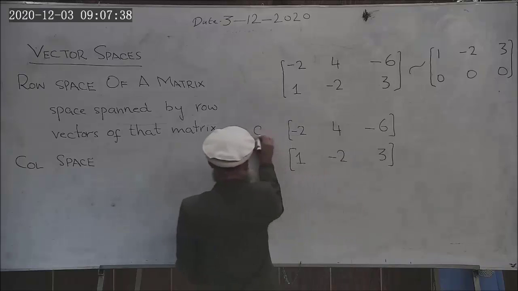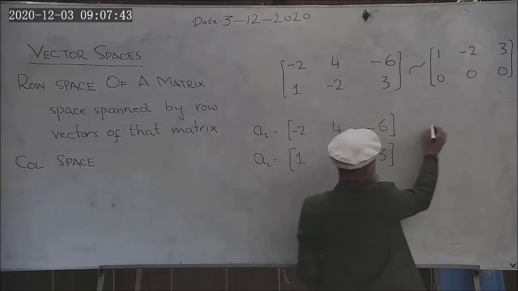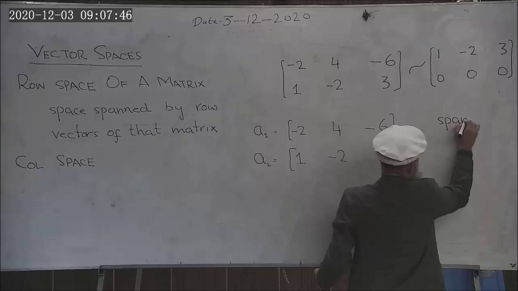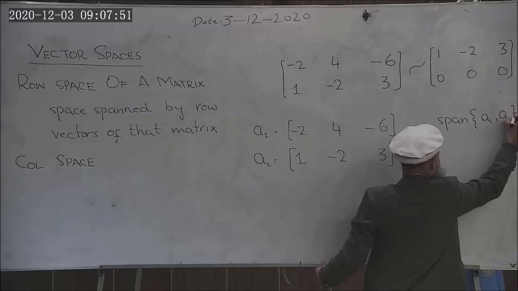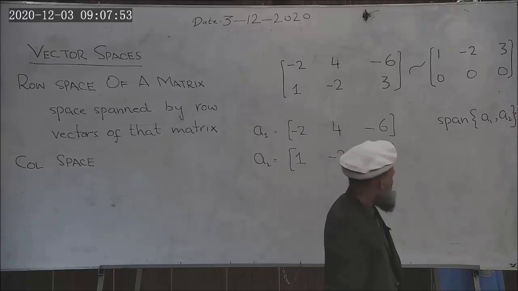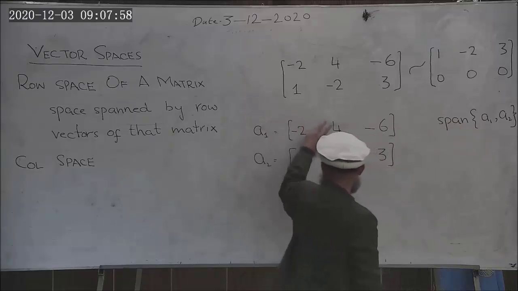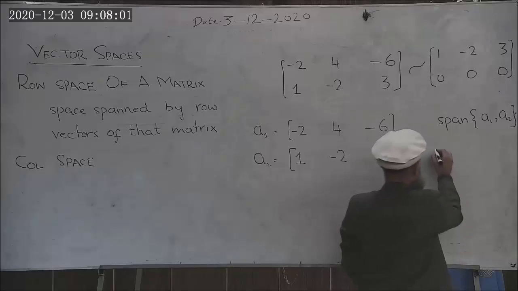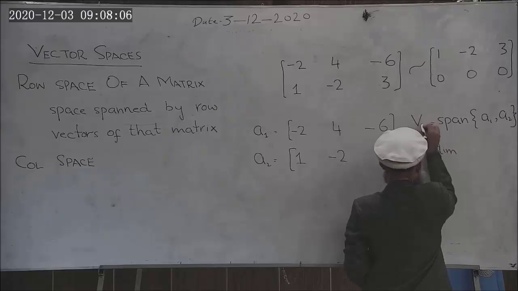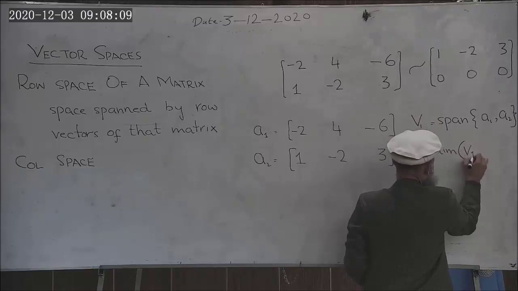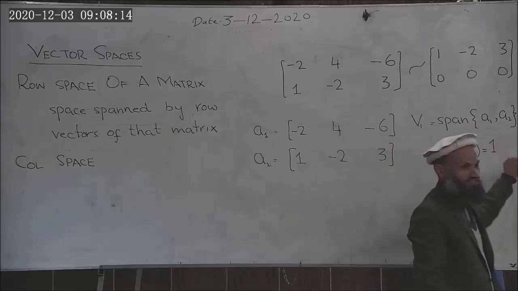So if I call this vector A1 and this vector A2, the span of A1 and A2 is always a vector space. The dimension of this particular vector space V1 is equal to 1, because the two vectors are linearly dependent.